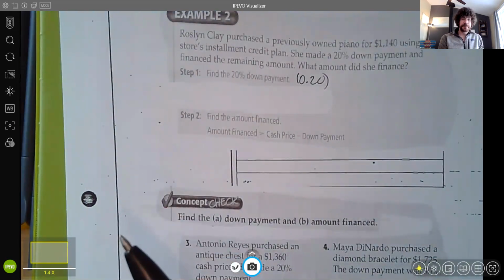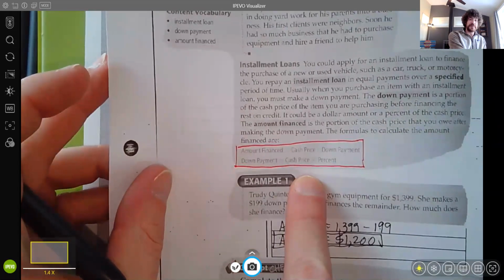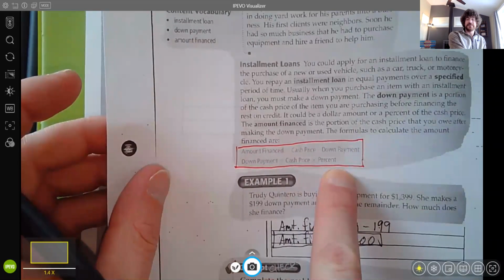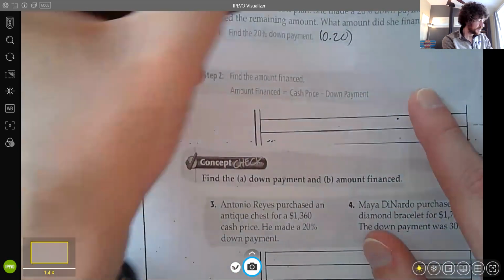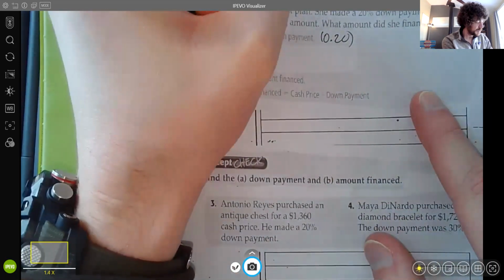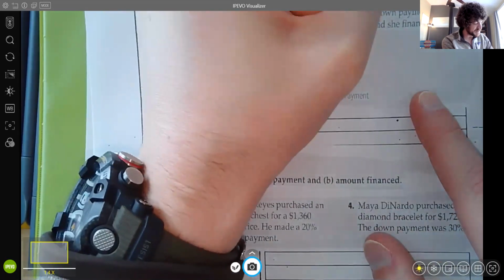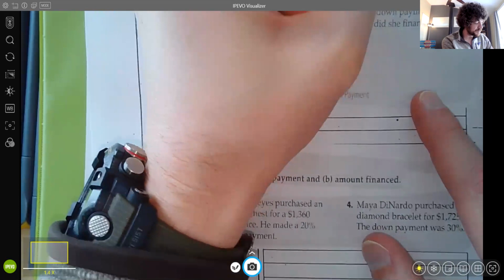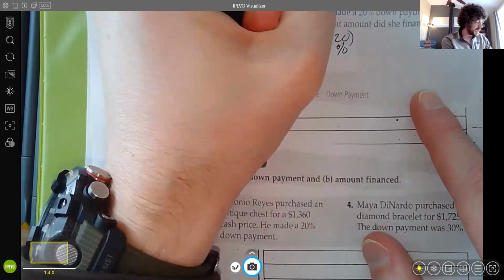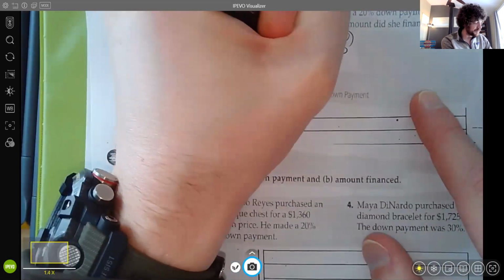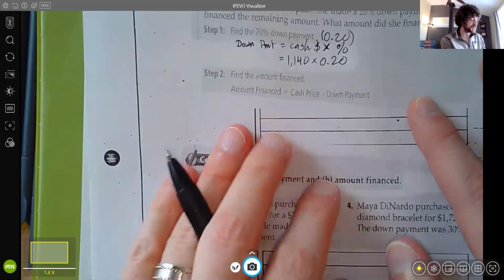And we were told that the formula on the front here for the down payment amount is the cash price multiplied by the percent. So down payment equals cash price times the percent. That means we're looking at 1,140 multiplied by 0.2, or 0.20, whichever.